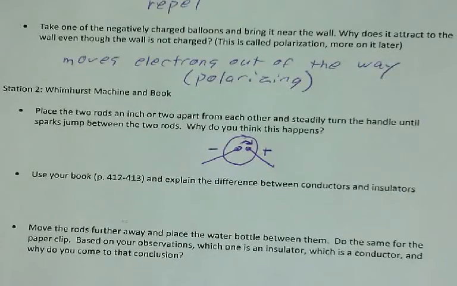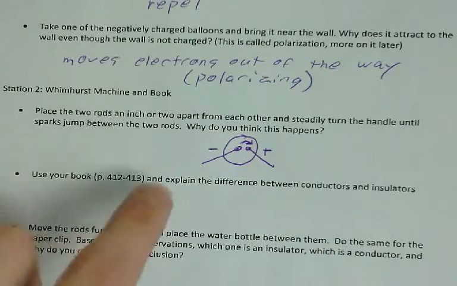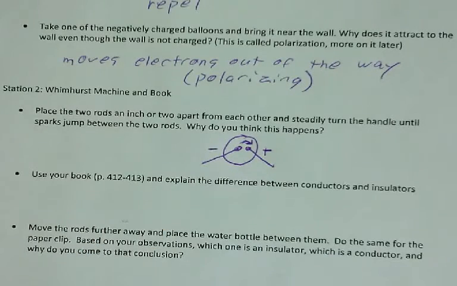Okay, so conductors versus insulators. Let's see, Carson, part 1. What do you got for conductors versus insulators? I said conductors let electric charge flow, and insulators don't flow electric charge. Good.